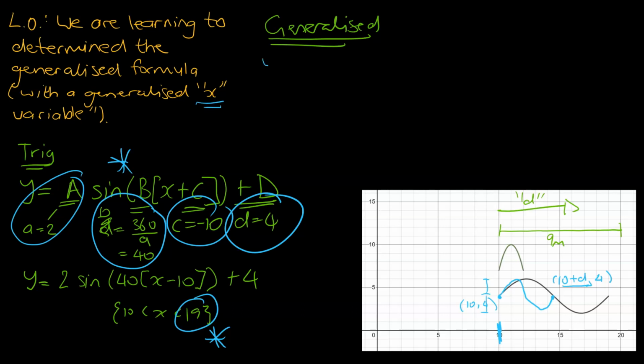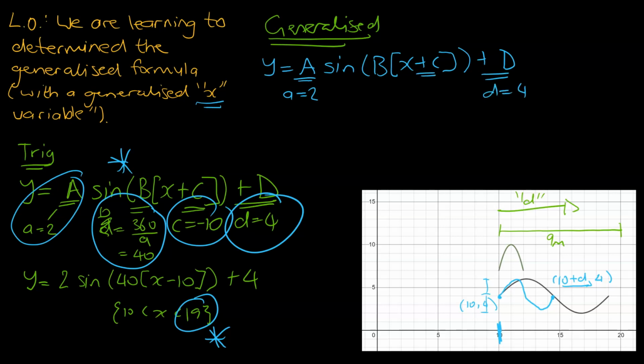So let's write down our generalized or typical formula. y is equal to A sine B(x plus C) plus D. As we've noted, the amplitude is not going to change. That's still 2. The D value is still 4. And the C value is still going to be minus 10.